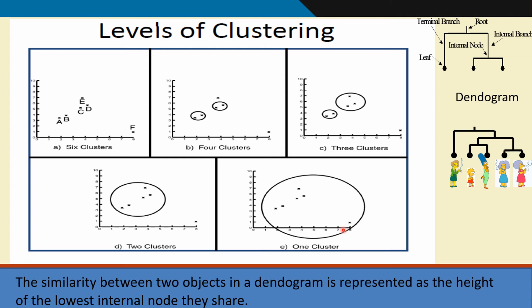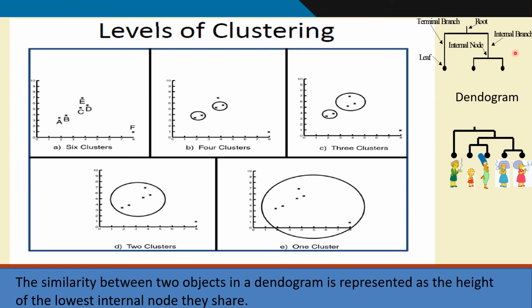The clustering can be illustrated by the dendrogram. A dendrogram is a tree data structure which can be used to illustrate the hierarchical clustering technique. The root in the dendrogram contains one cluster where all the elements are together, and the leaves, that is over here, each consist of a single element.